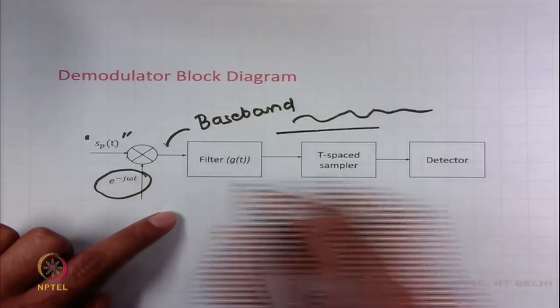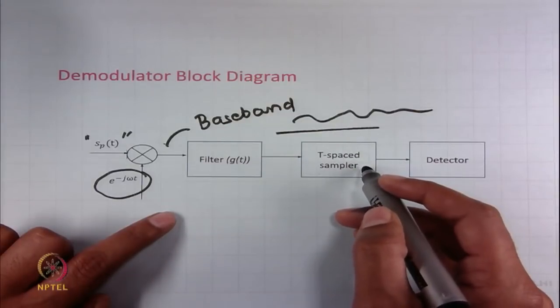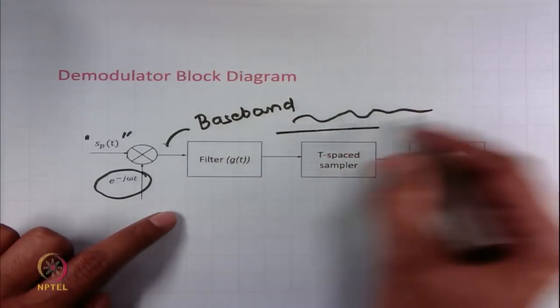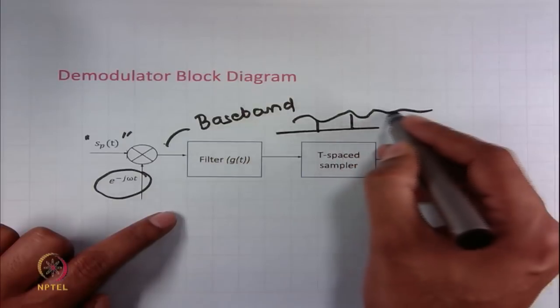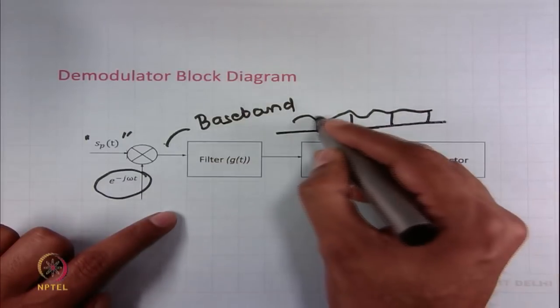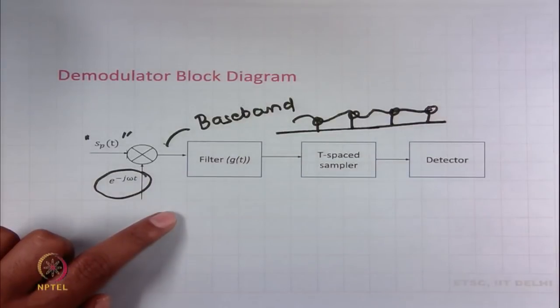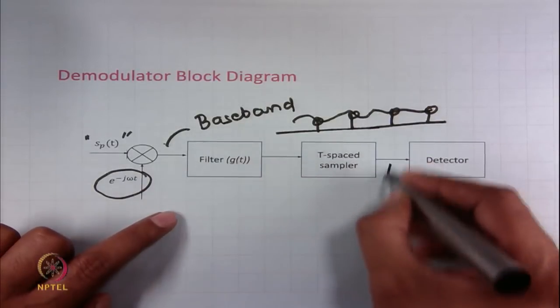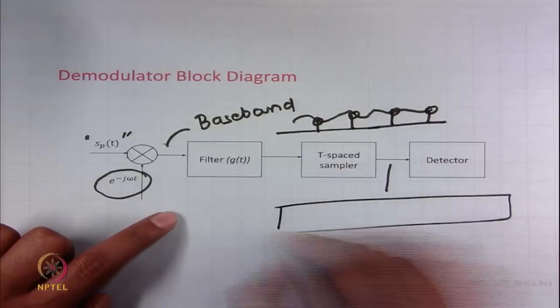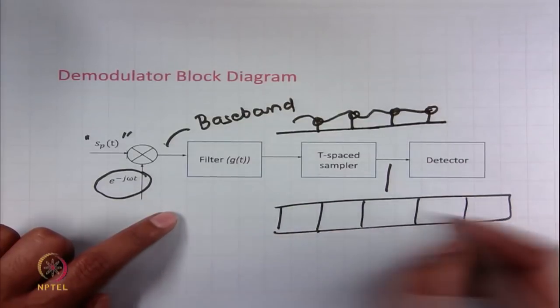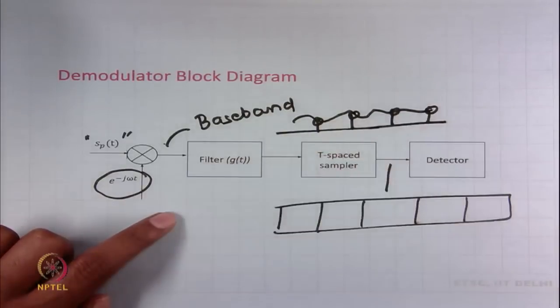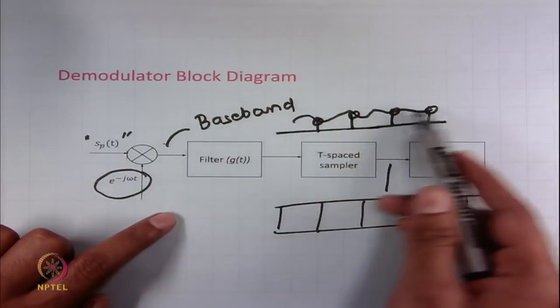And then you pass this through a T-spaced sampler which samples this waveform at a duration of T seconds, and it picks up these numbers. So, at this point you have a vector available and the vector contains the sampled values of this waveform.